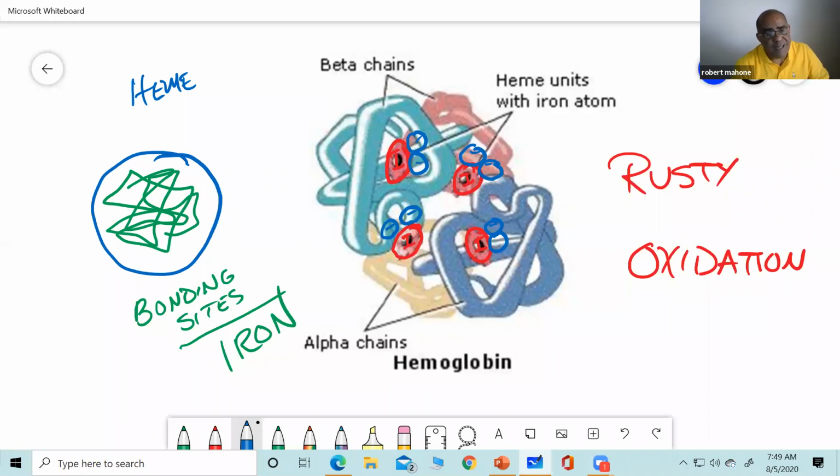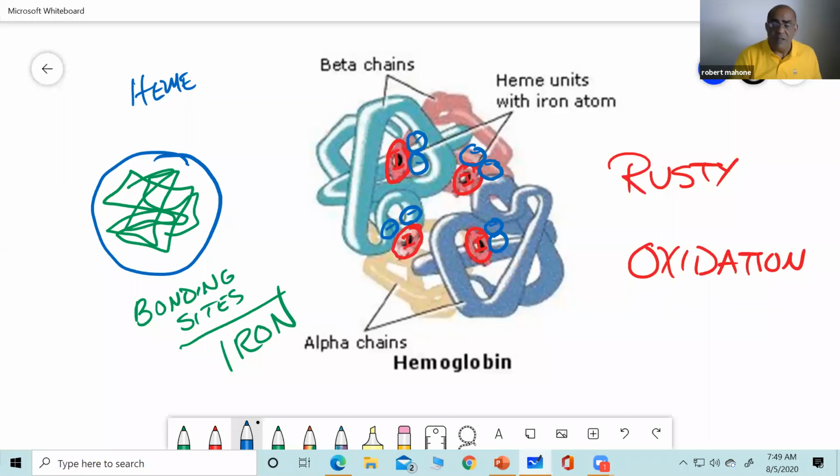And what is an oxygen-rich environment in our bodies? The lungs. Your lungs. So you circulate a red cell through your lungs, when it comes out the other side, it's going to have oxygen attached to it. The oxygen attaches naturally to the iron.